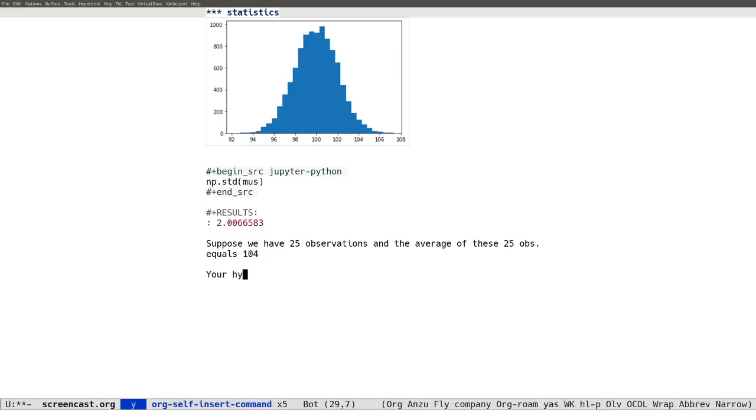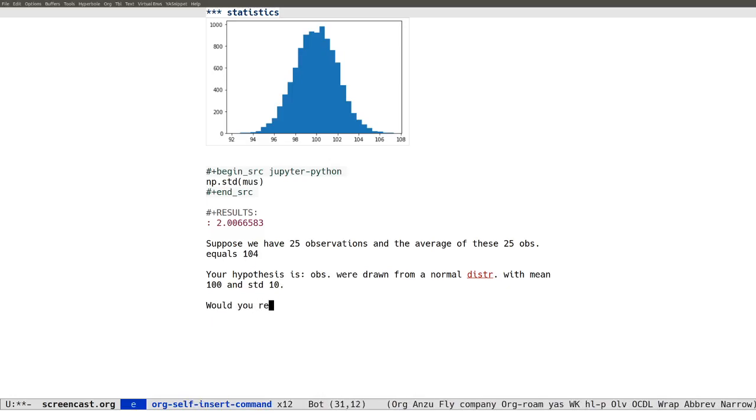Your hypothesis is that these observations were drawn from a normal distribution with mean 100 and standard deviation equal to 10. The question now is, would you reject this hypothesis?